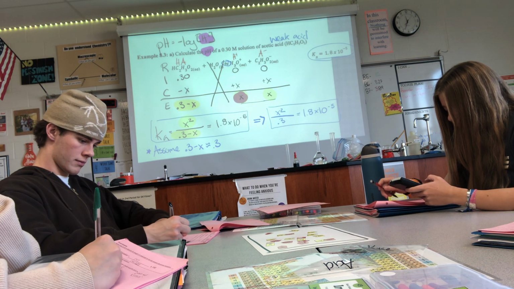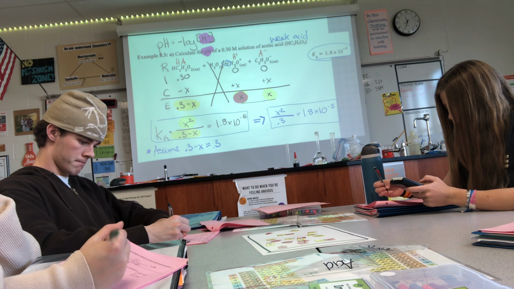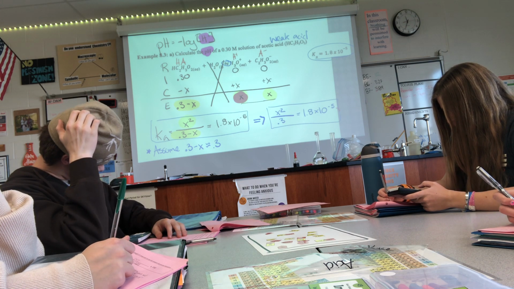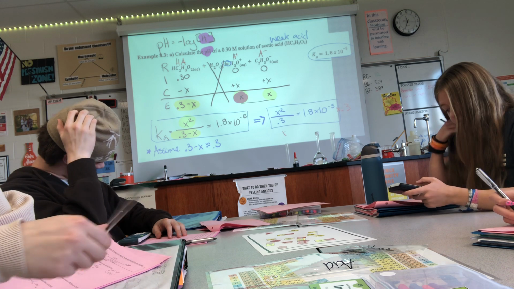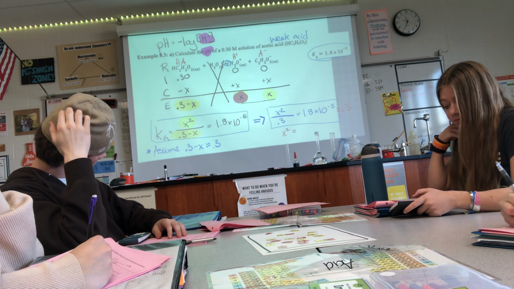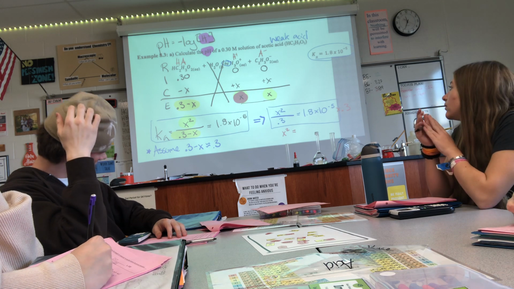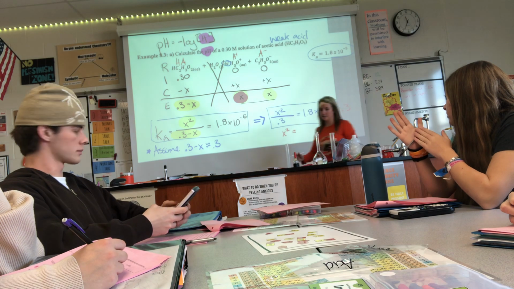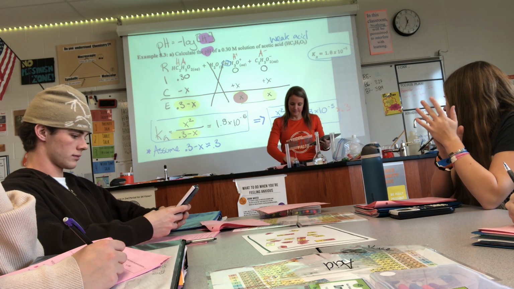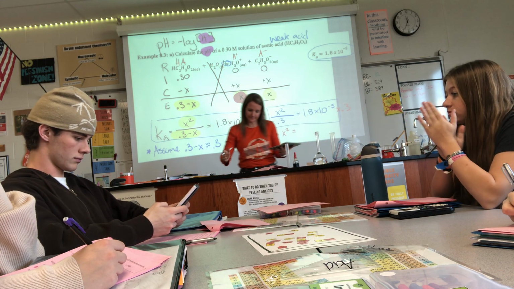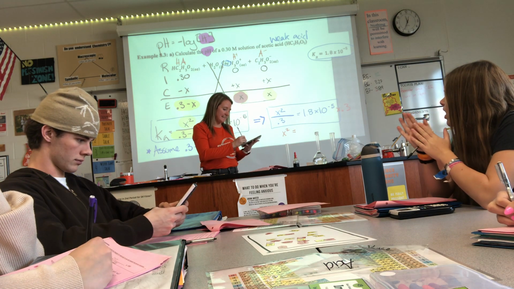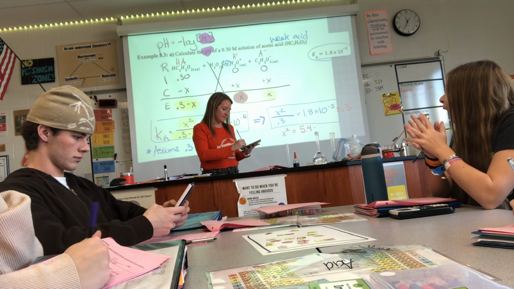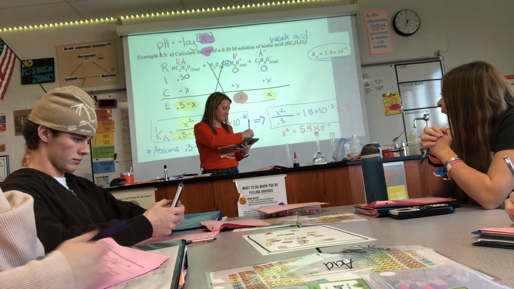Okay, now we need to solve for x. So, algebra, how do I get x by itself here? I'm going to multiply both sides by 0.3. It ends up being x squared equals 5.4 times 10 to the negative 6.